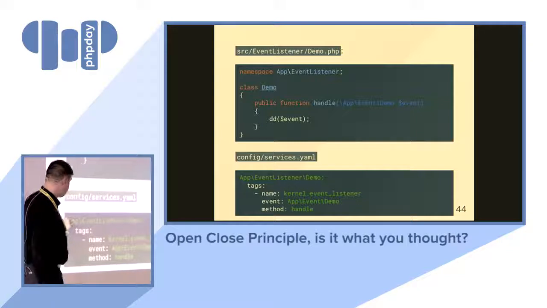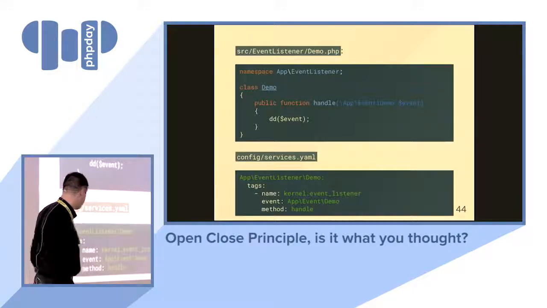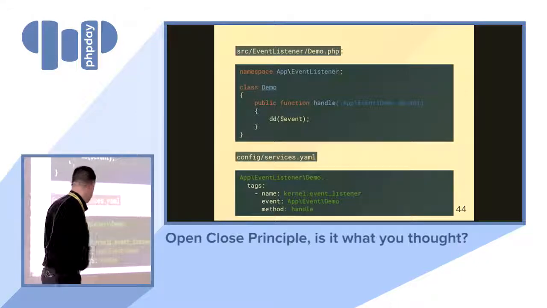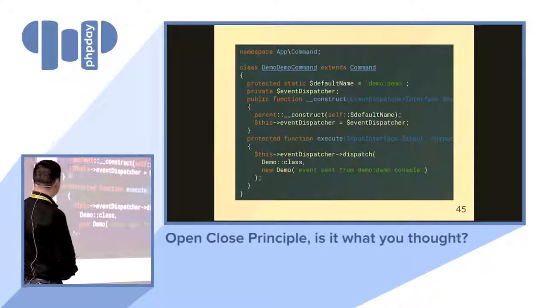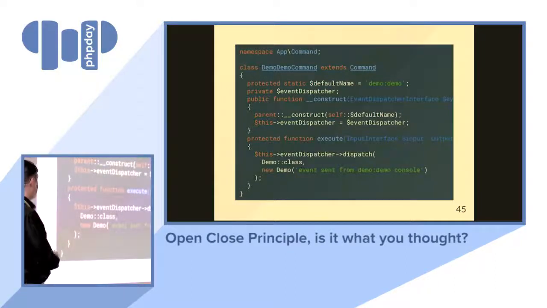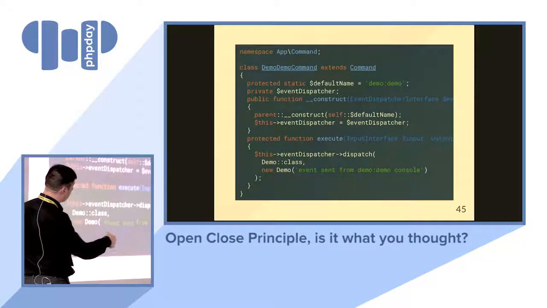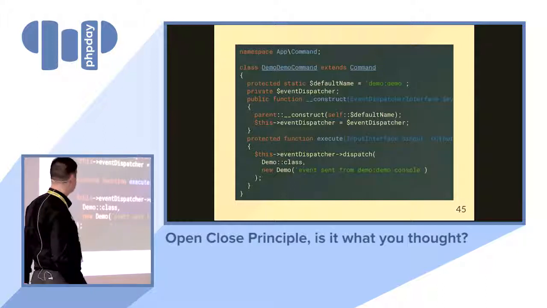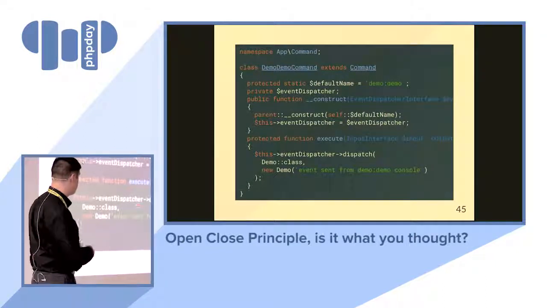It basically says whenever the main event listener dispatches event demo, it does so with this service. So that's actually pretty easy to use. You just inject your event dispatcher over there. Event dispatcher interface in Symfony just gives you the main event dispatcher. And then you're just left with dispatching your event.